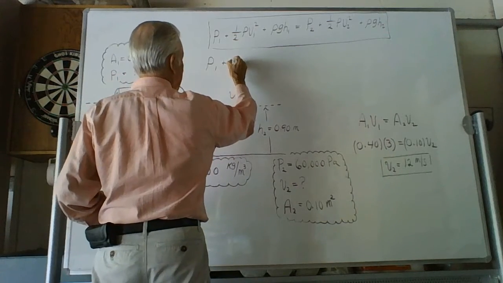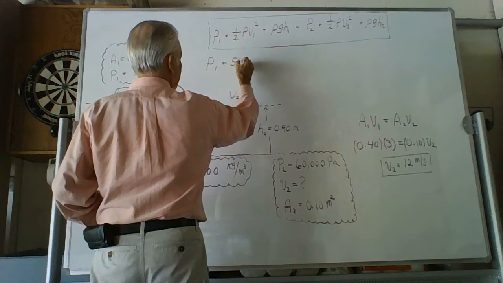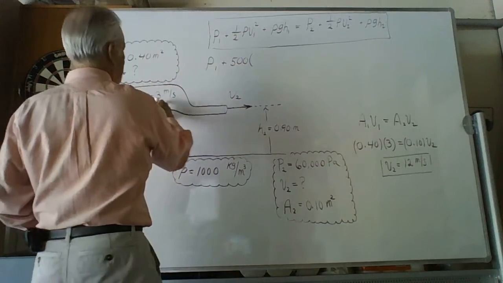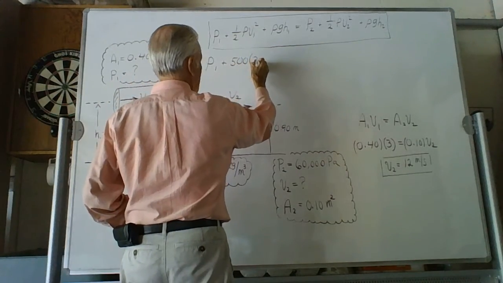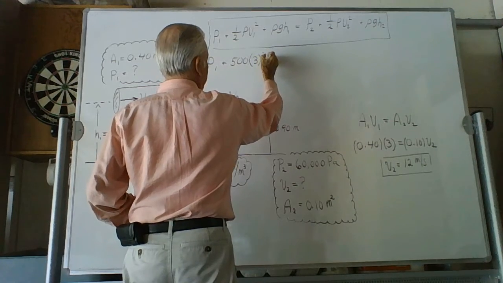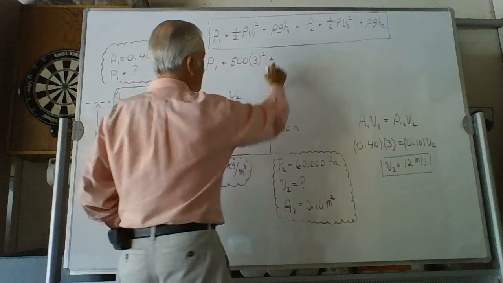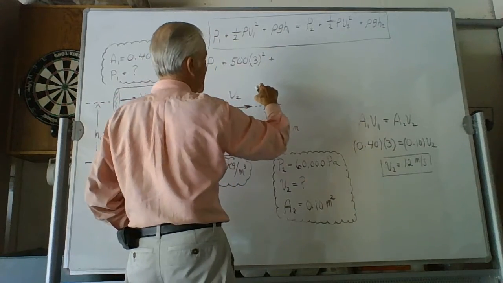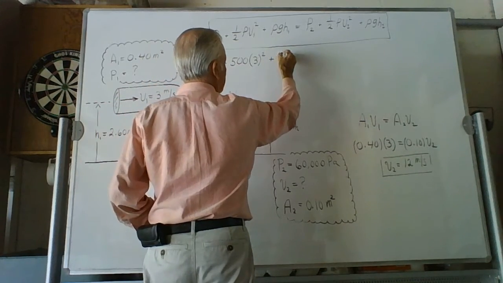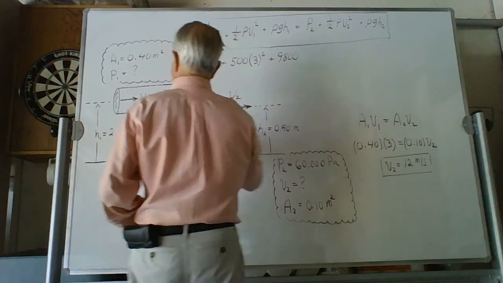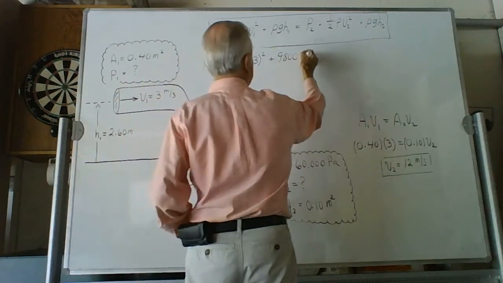Half of that is 500. And V1 is 3. It gets squared. Now we have rho, which is 1,000, times 9.8 makes 9,800, times H1, which is 2.6.